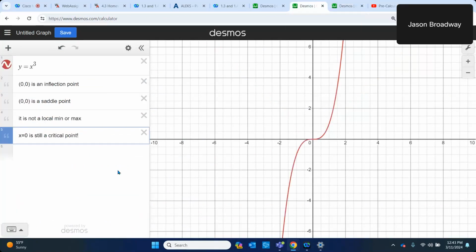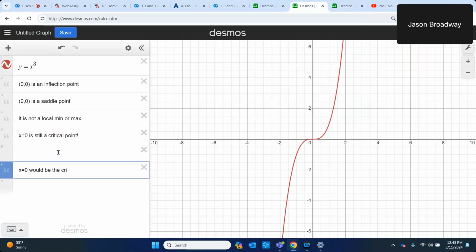And if we come over here, now this is the saddle point, x equals 0 would be the location of the saddle point. And of course, y equals 0 would be the saddle point value.